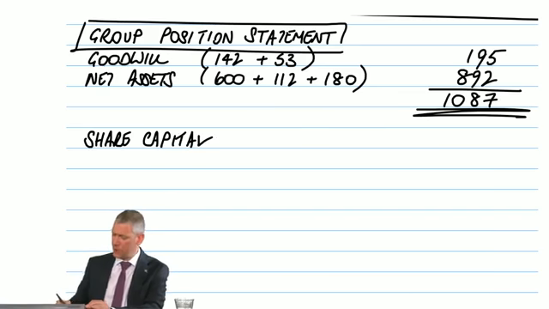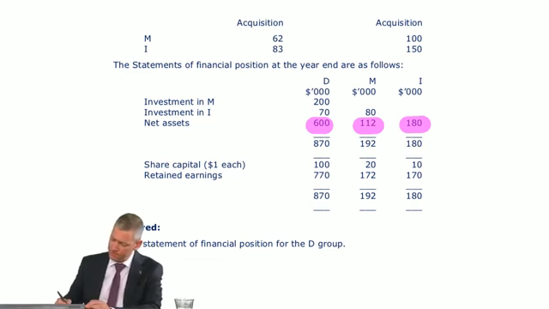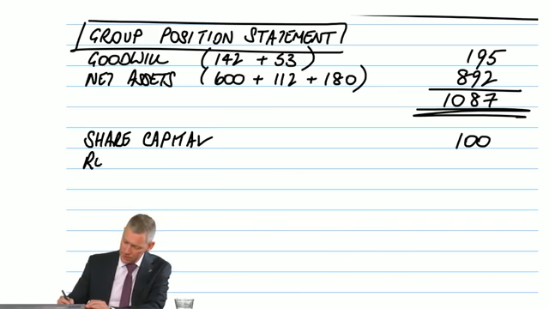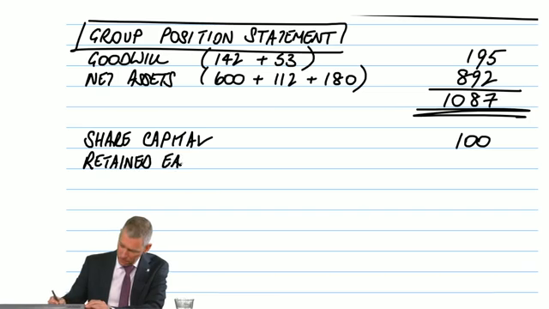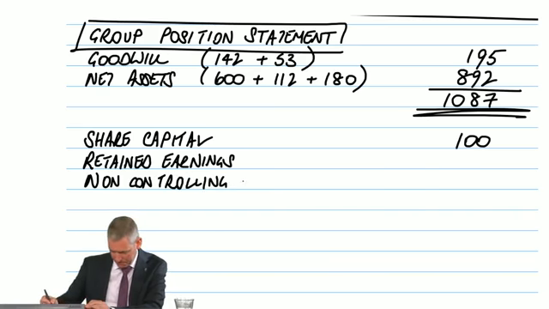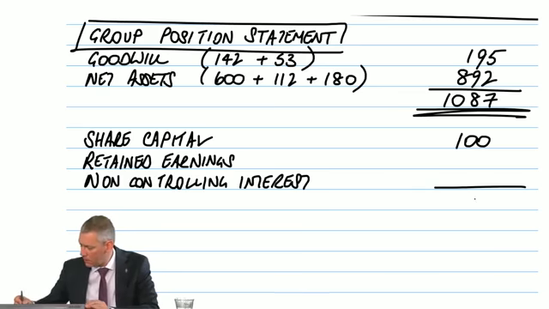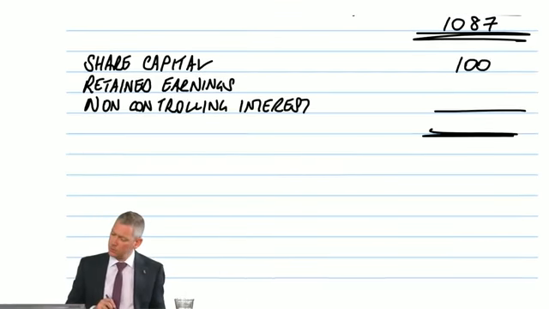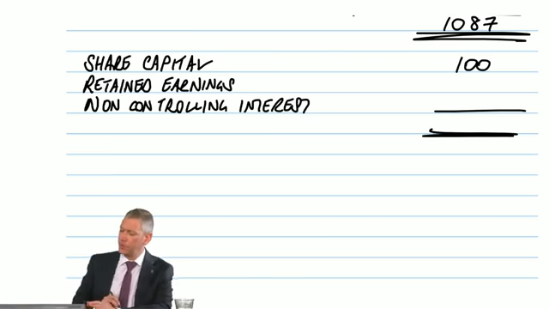We pick up the parent share capital of 100. Then the retained earnings, and the non-controlling interest. How much space have I got? Not much. I'll go to a fresh, brand new page, I think.